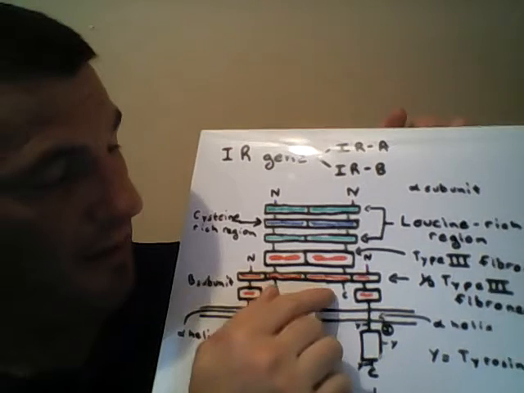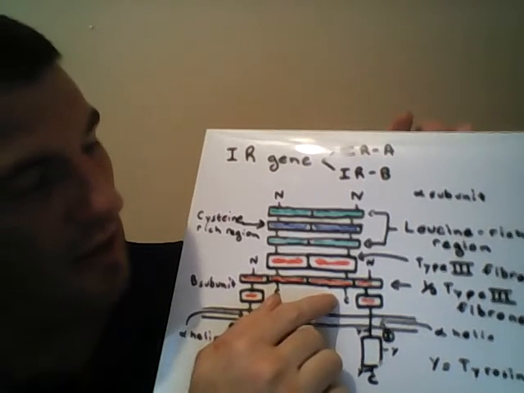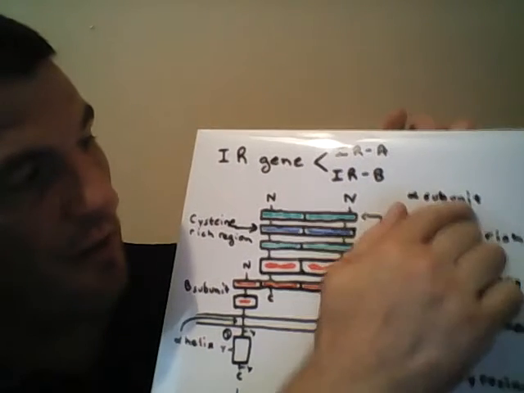And then down here, this is the C terminus of the alpha subunit. Remember, the insulin receptor tyrosine kinase comes in, the proteins are cut, they're cleaved, and it makes the alpha and the beta. And you need 2 of the alpha and 2 of the beta.